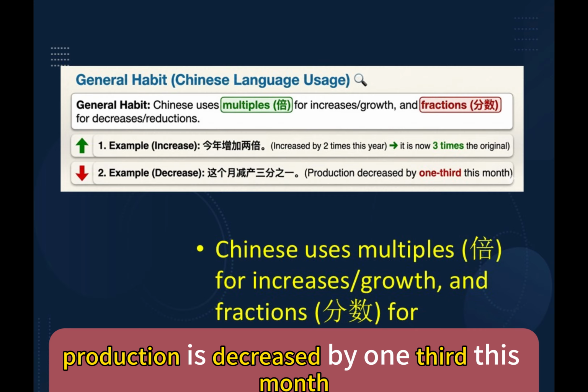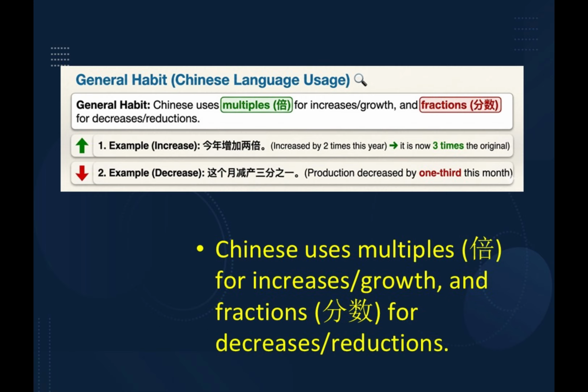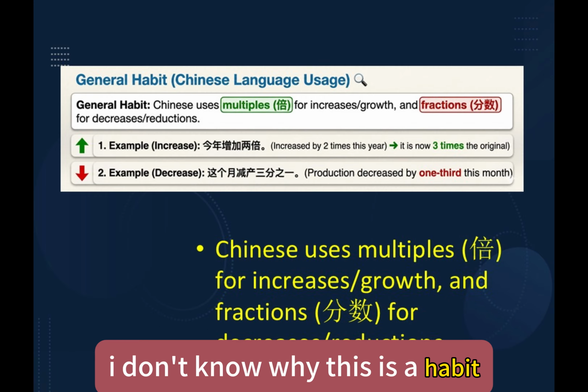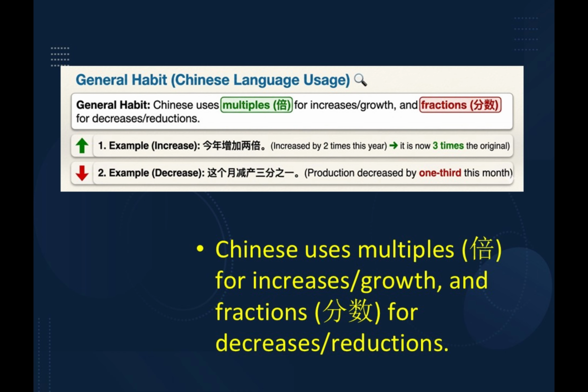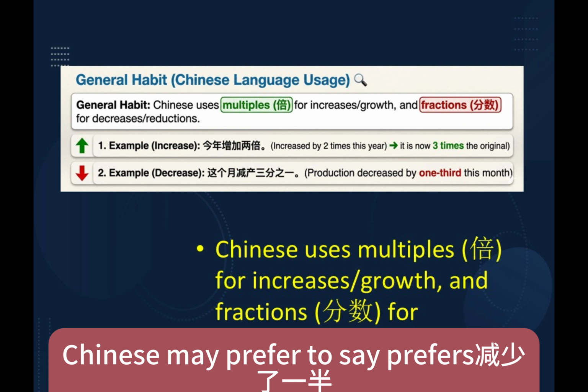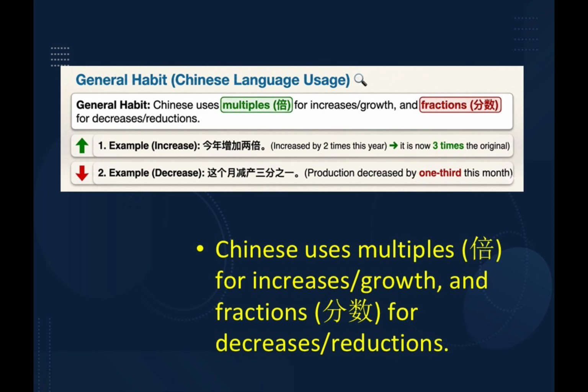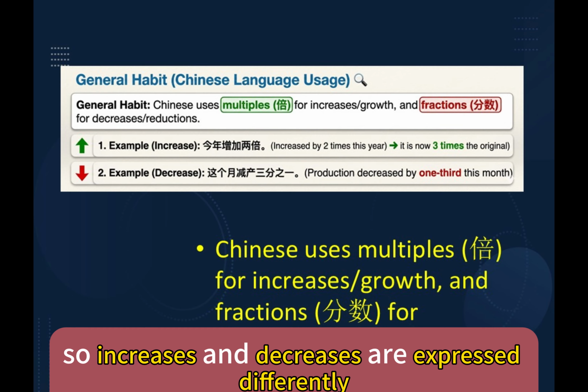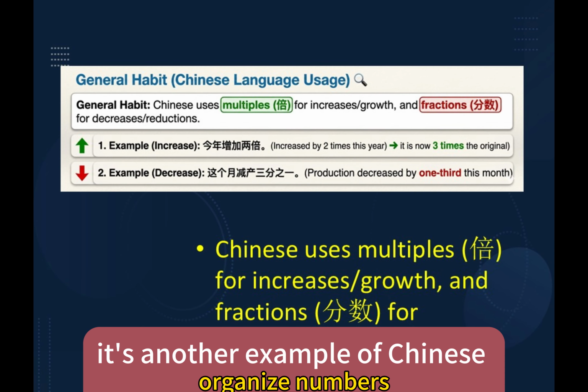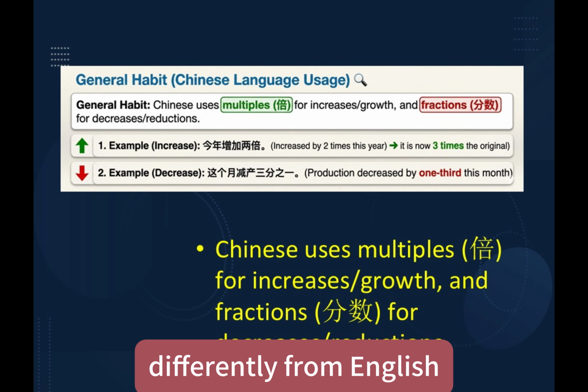Production decreased by 1/3 this month. I don't know why this is their habit. Chinese prefers to say 减少了一半, not 减少了1倍. So increases and decreases are expressed differently. It's another example of how Chinese organizes numbers differently from English.